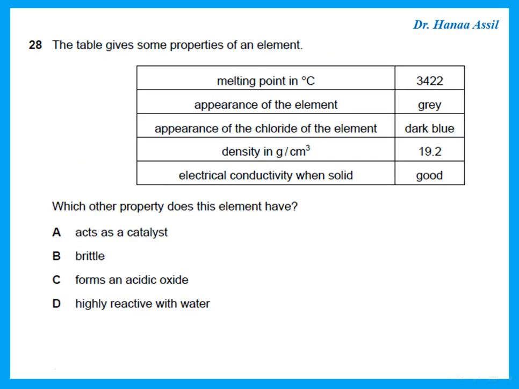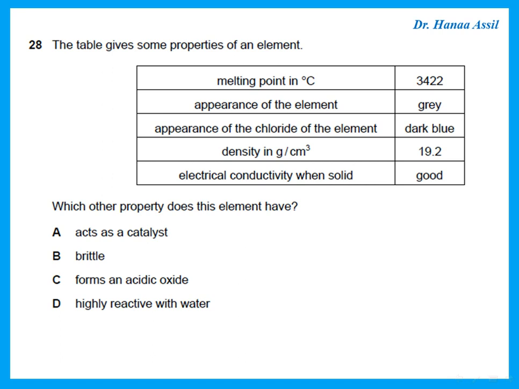The table gives some properties of an element. Which other property does this element have? Well, let's take a look at this element. It has a high melting point. Its appearance is gray, and we said gray means it's a metal. Appearance of the chloride is blue. That means it forms colored compounds. Density is high.